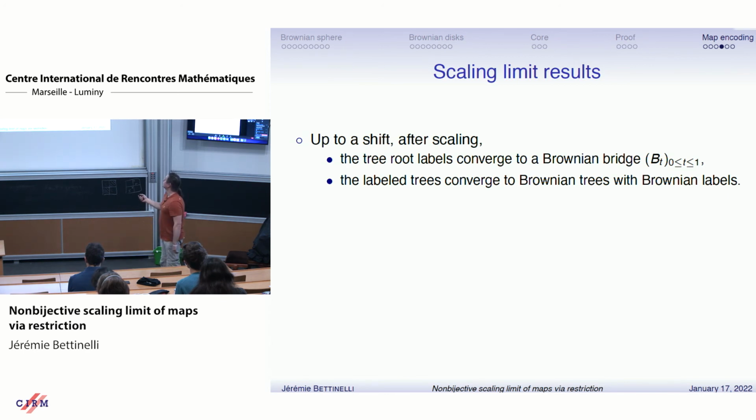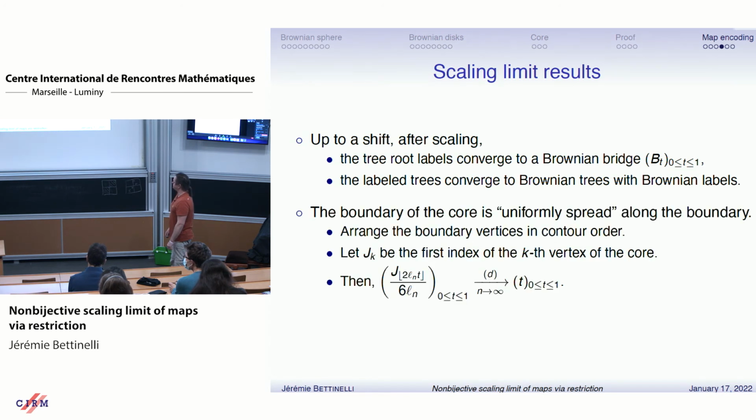If you don't know what this means, just imagine a continuous tree with continuous labels that behave like Brownian motion. I know it's a bit blurry, but probably other people will talk about this construction in more detail later in the week.